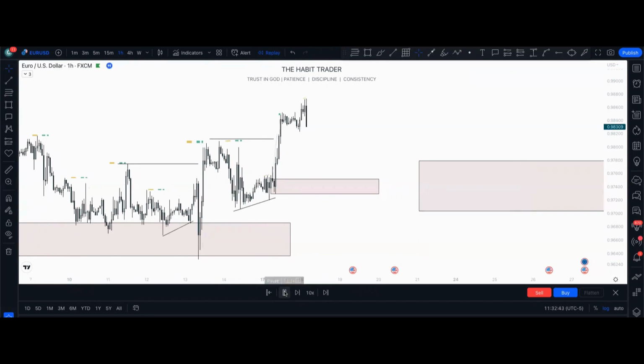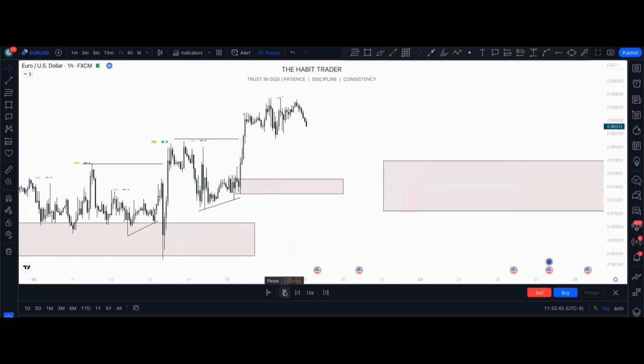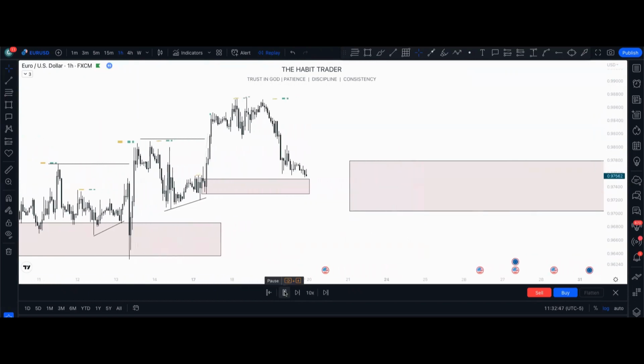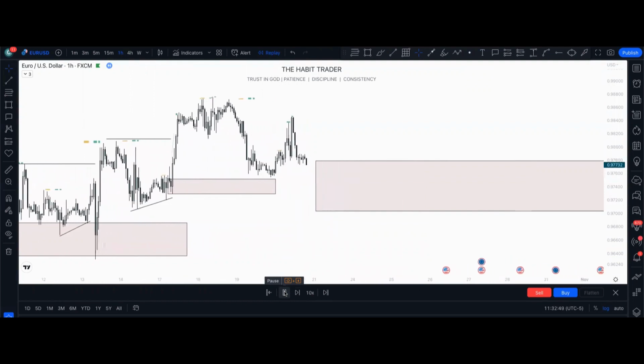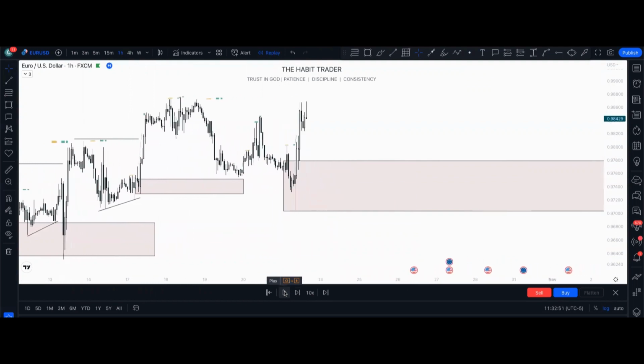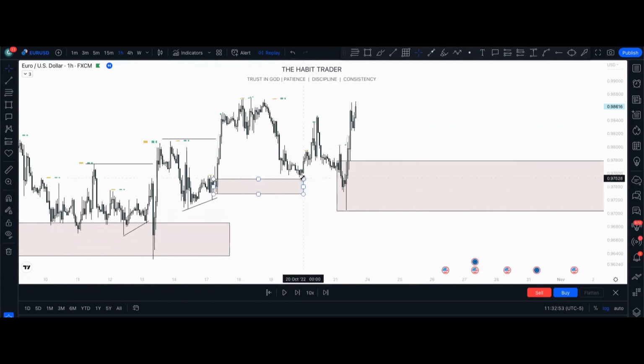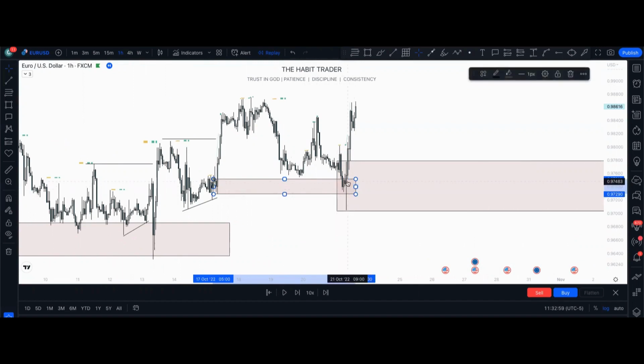So let's see again if it will respect that area. Okay. So, right? The price went here and really took this order block here and went down to sweep this liquidity right here, right?